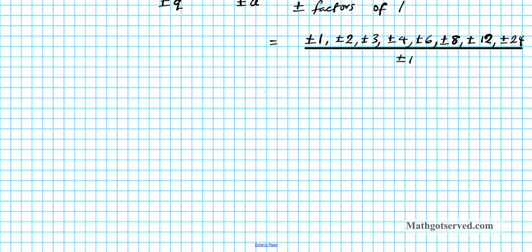So that's going to give us plus or minus 1 over 1, plus or minus 2 over 1, plus or minus 3 over 1, plus or minus 4 over 1, plus or minus 6 over 1, plus or minus 8 over 1, plus or minus 12 over 1, and then plus or minus 24 over 1.